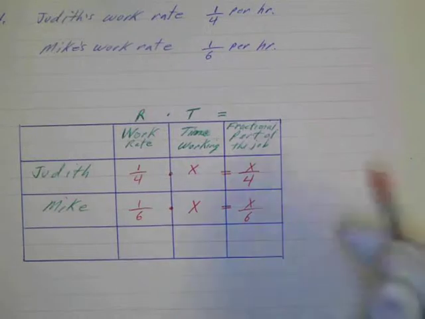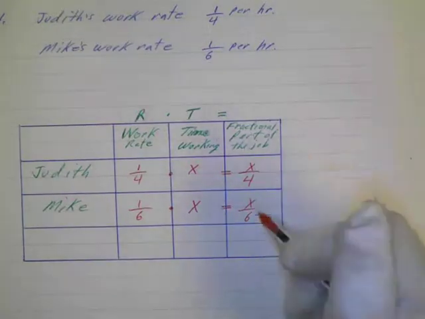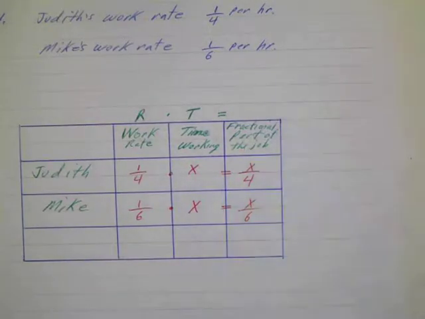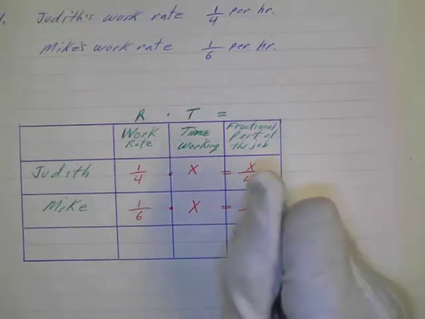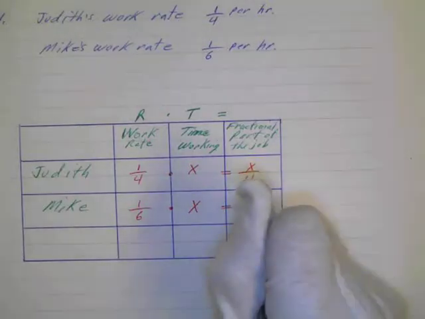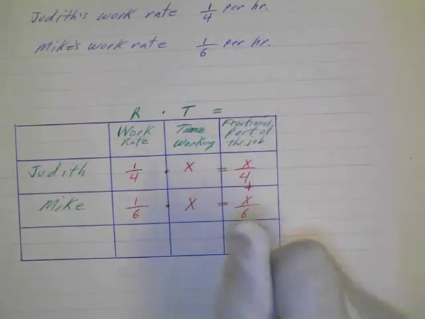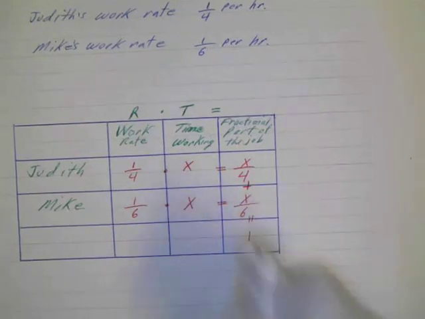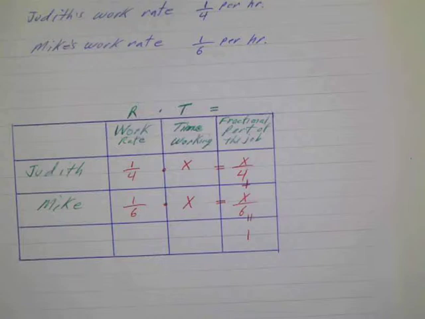But when they get the whole job done, both fractional parts will add up to be one complete job. It's like 4/4 or 6/6, whatever. So we're going to just add these two entries in these columns, and that is going to equal one complete job. That's all you have to do.